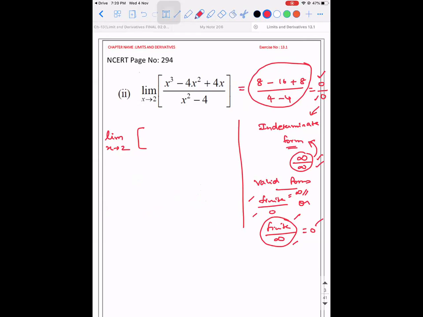See, tell me guys, in x square minus 4, look at the denominator. I am going to get x minus 2 into x plus 2, correct? A square minus b square, I can write it as a minus b into a plus b. So by substituting x is equal to 2, in x minus 2 or x plus 2, which one is going to give us 0?